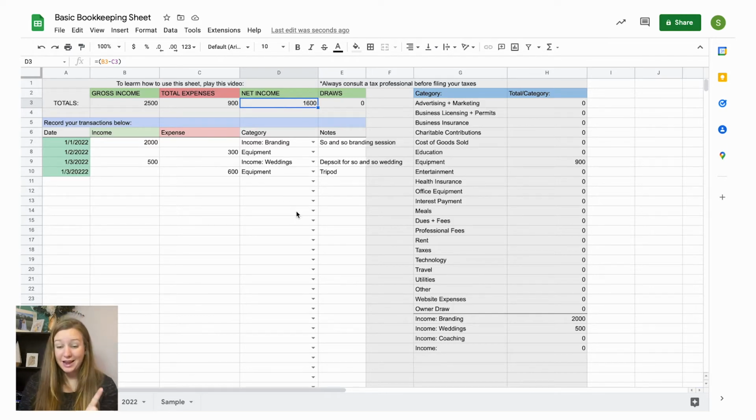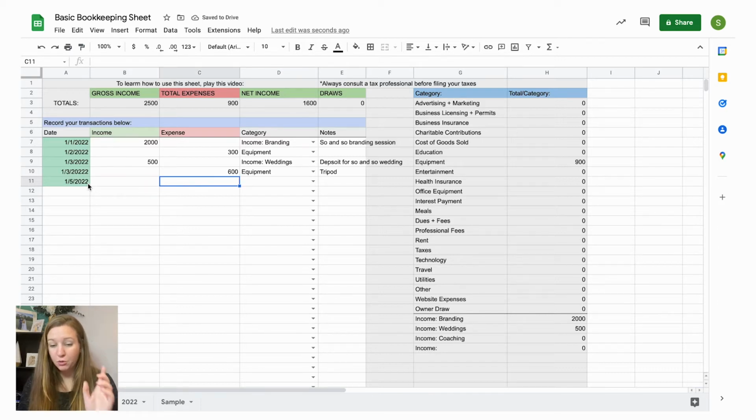The last thing I want to show you is draws, because this is important for you as a business owner. A draw is anytime you take money out of your account. So we're going to say on the 5th, you decided to pay yourself a bonus.